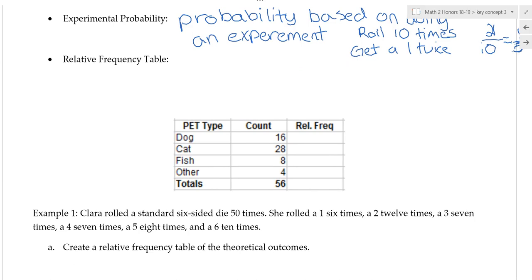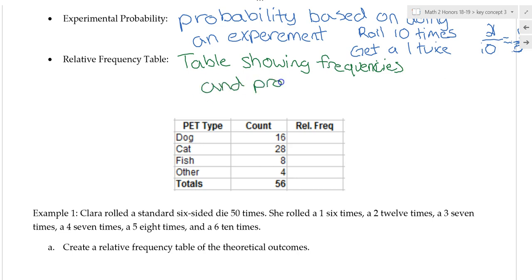Then the next thing we're talking about is a relative frequency table, and we actually already made relative frequency tables. You know what these are. It's just a table showing frequencies, so that's the count, how many times it happened, and probability. So for example, this survey asked what type of pet people have.